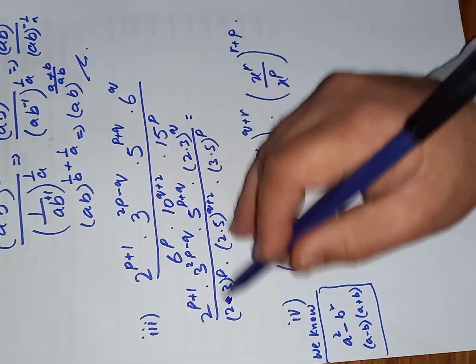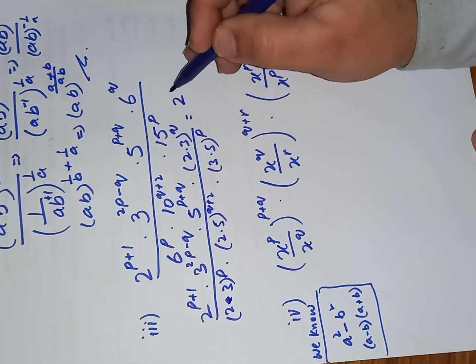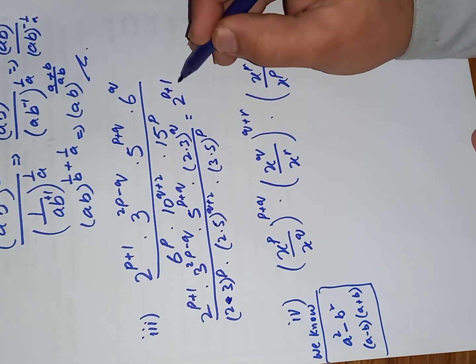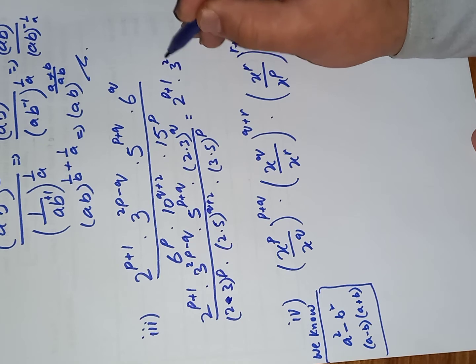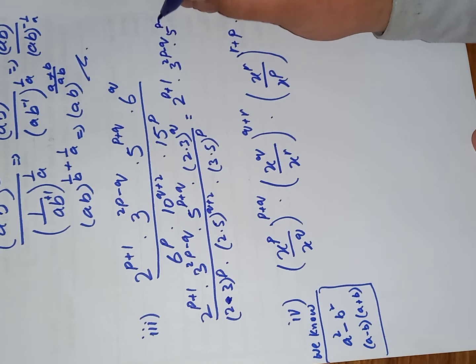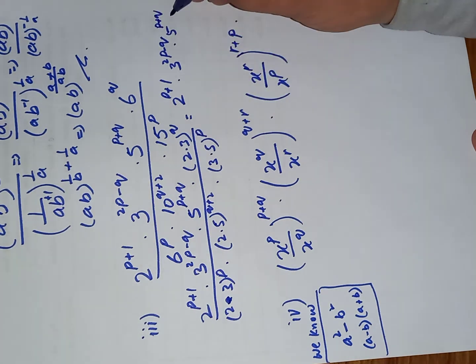Now separately the powers we will write: 2 to the power p plus 1 and 3 to the power 2p minus q, 5 to the power p plus q, then we got 2 to the power q and 3 also to the power q.